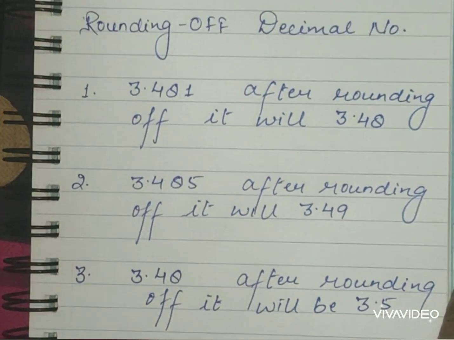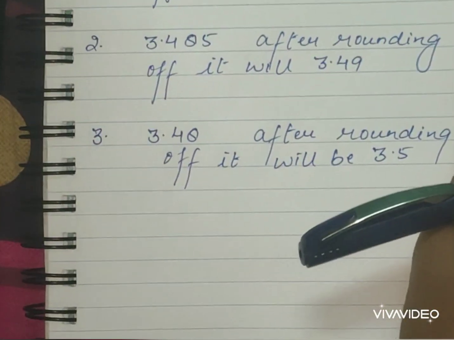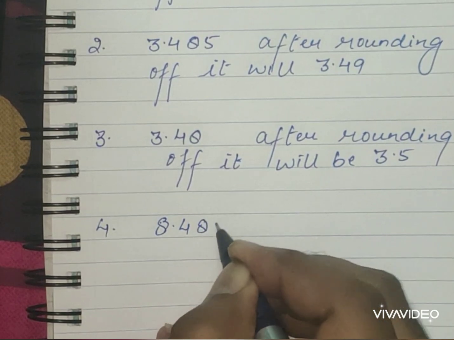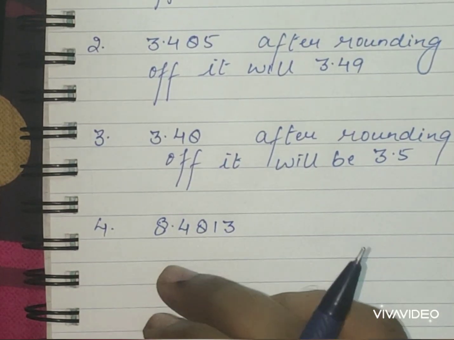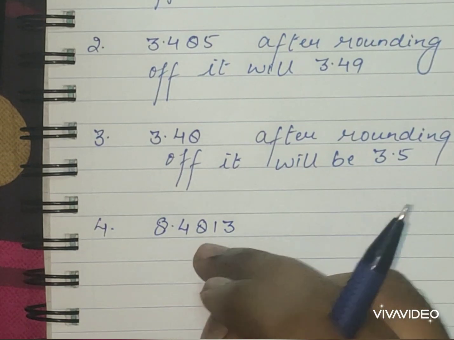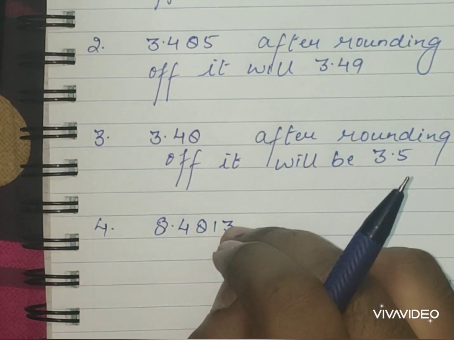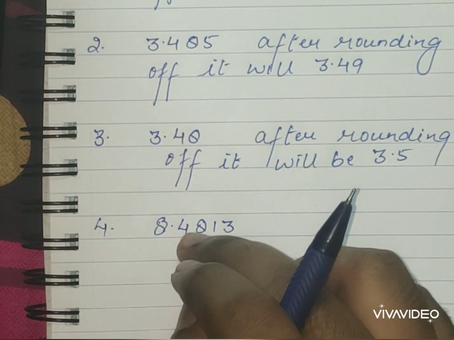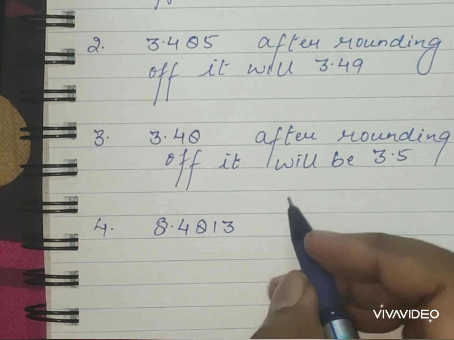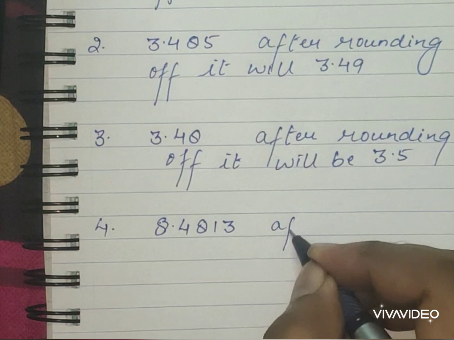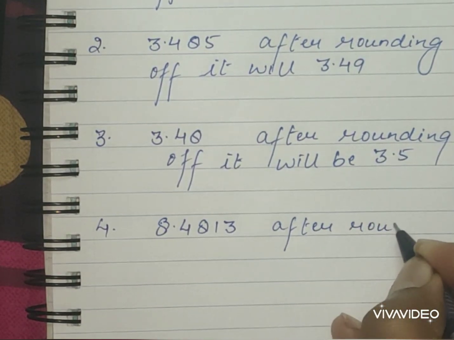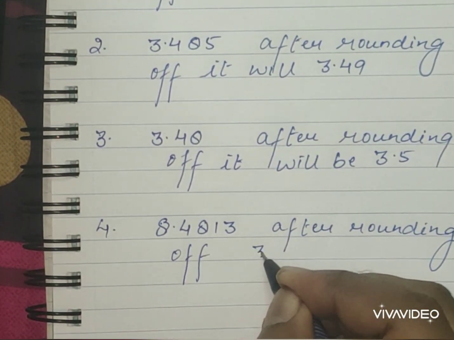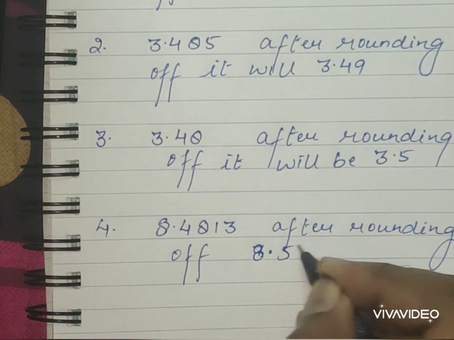I hope you have understood what you mean by rounding off. Again you can see, suppose 8.4813 is given to you, and you have to convert this decimal till only one place of decimal digits. So after rounding off, this will be 8.5.